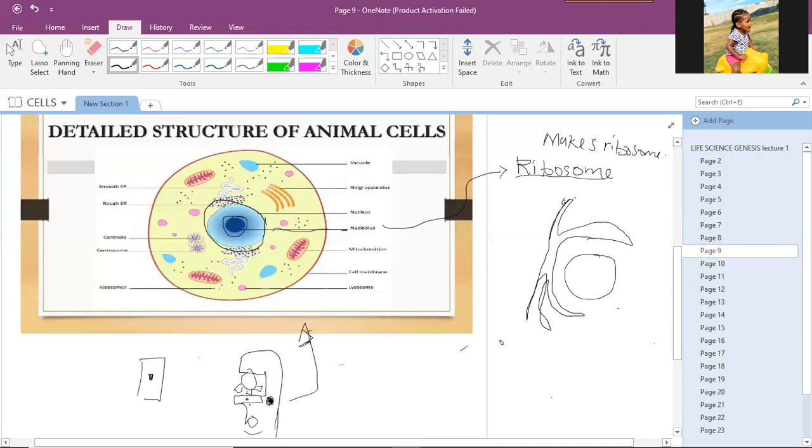And this endoplasmic reticulum contains these round structures here. These round structures are known as ribosomes. No wonder it's called rough endoplasmic reticulum. It's called rough endoplasmic reticulum because it has ribosomes attached to the surface.